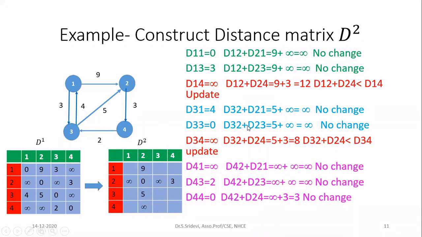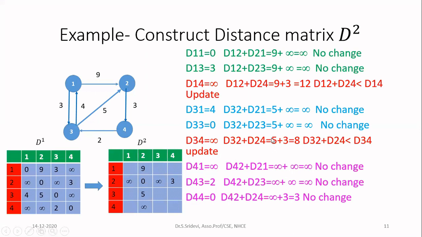Now let us consider one more thing where we have the updation. Let us consider D34. D34 is initially in the D1 matrix, it is empty, this cell. So now we are going to consider whether there is a shortest path from 3 to 4 through the node 2. So I am going to calculate D32 plus D24. D32 is in the third row in the second column, value is 5.